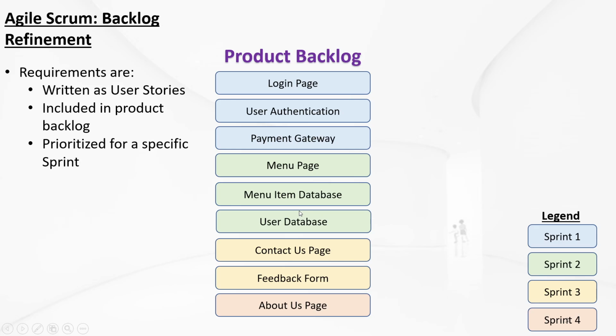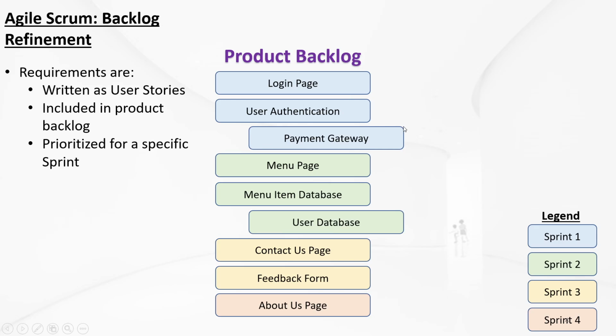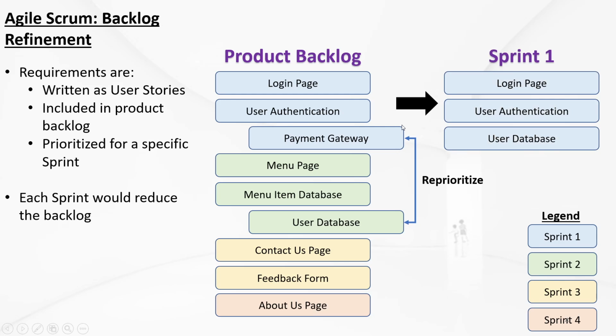In a way, there is some misprioritization, because if we want to ensure authentication is working, how could we do so without the user database? That is why we want to take out both user stories, swap them and reprioritize their order, and upon doing so, it is ready to go to sprint 1 for development.